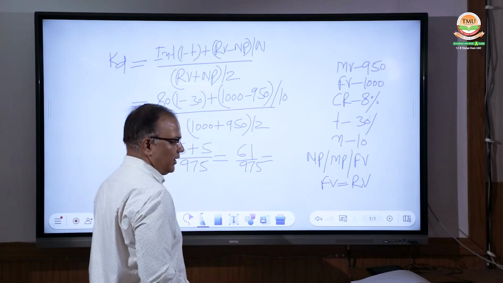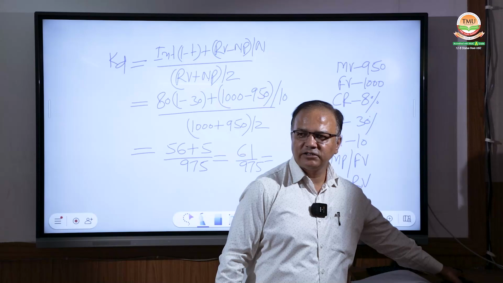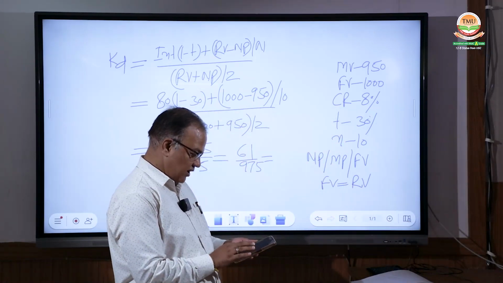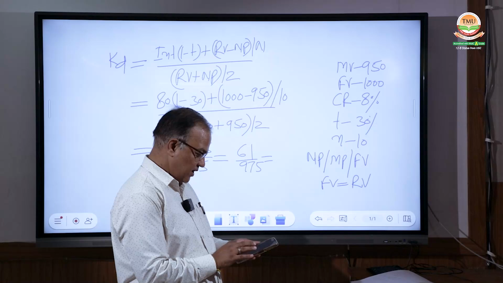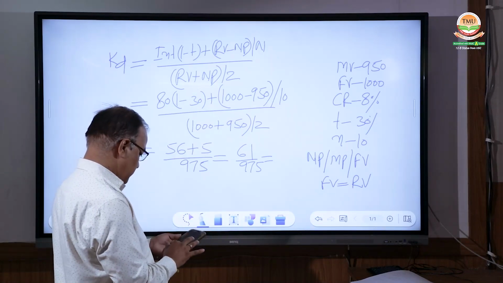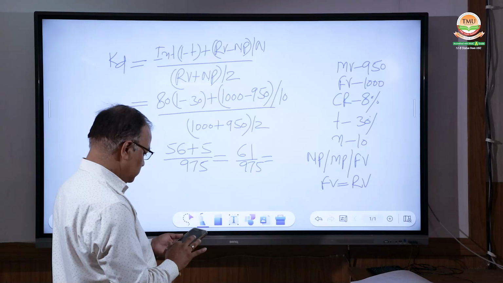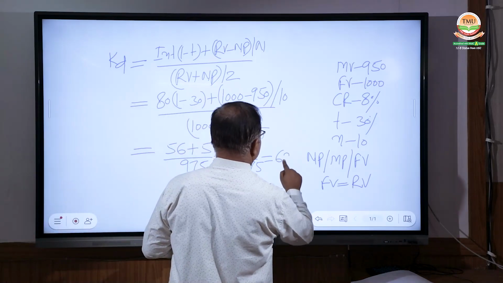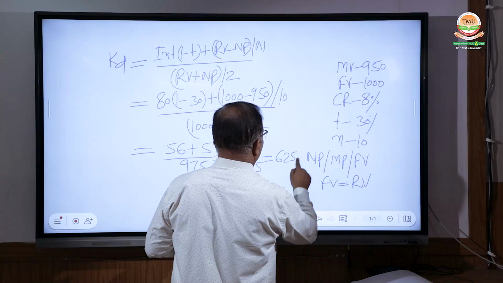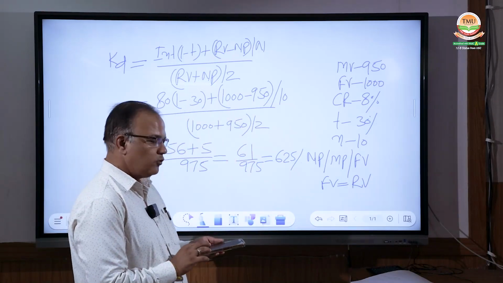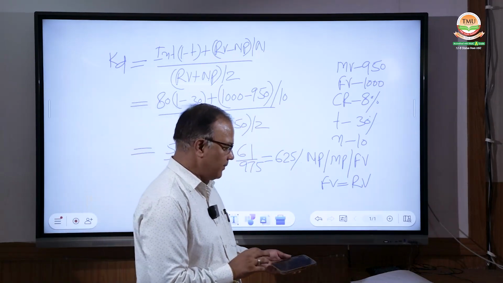That is 61 by 975. Let's take the help of a calculator. 61 divided by 975 is equal to 6.25%. This is the cost of redeemable debt.